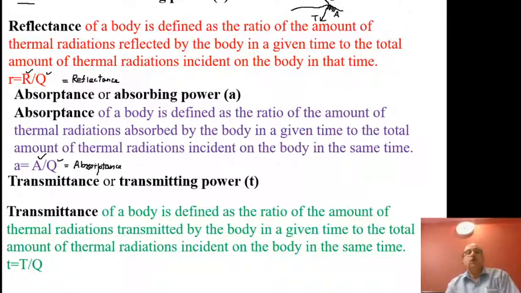So the transmittance, represented by small t, will be capital T upon Q.